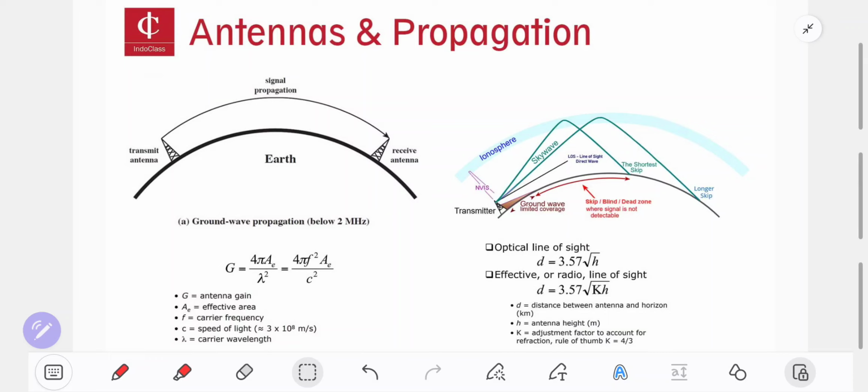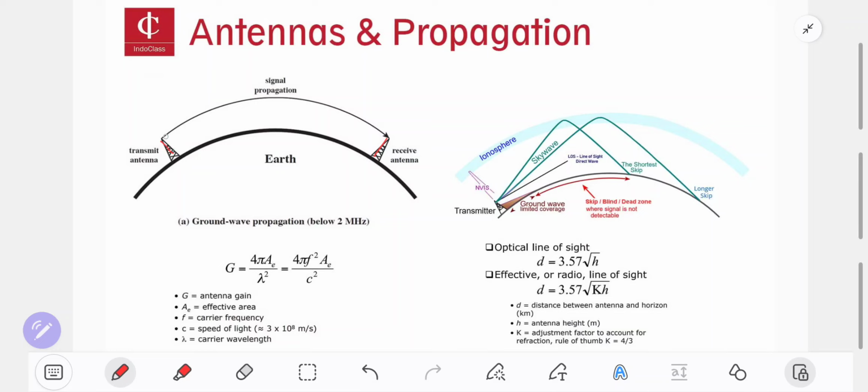For example, in signal radio, you can see on this picture. It is an antenna, and from here this antenna can transmit or emit a signal.